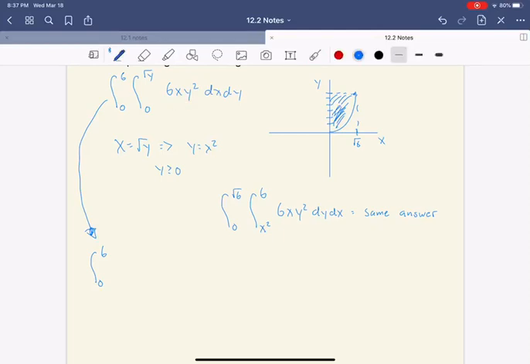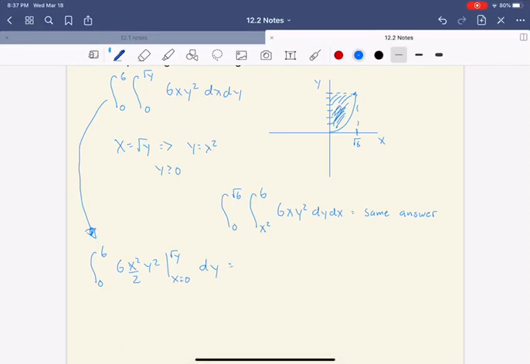Okay? So we're going to get 6 x squared over 2 y squared, x goes from 0 to square root of y dy. Now, we're going to go ahead and plug x equals 0 and square root of y in.